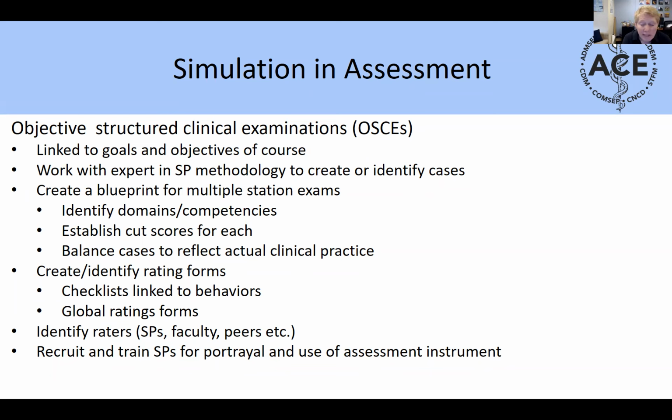You can do a single case. Generally, we like to do multiple station exams, because the more stations, the more ability we have to differentiate among learners. We often link the OSCEs to certain competencies: patient care, professionalism, interpersonal and communication skills, and systems-based practice.